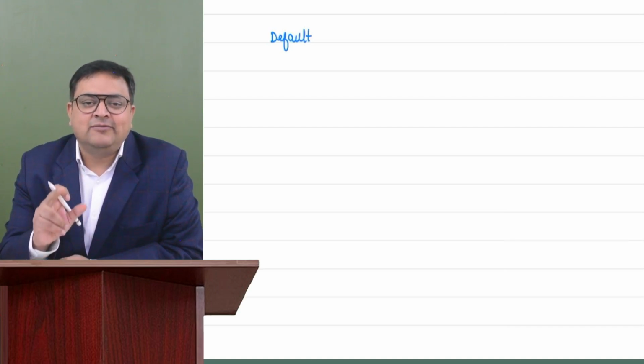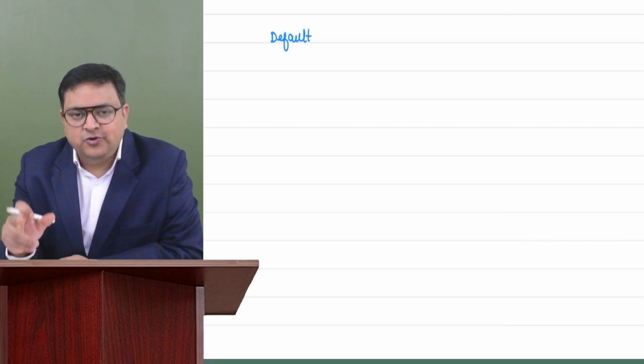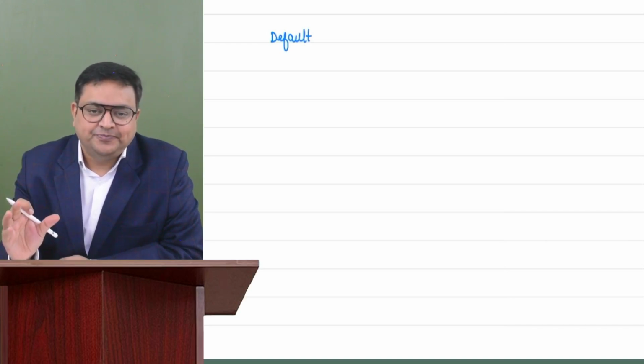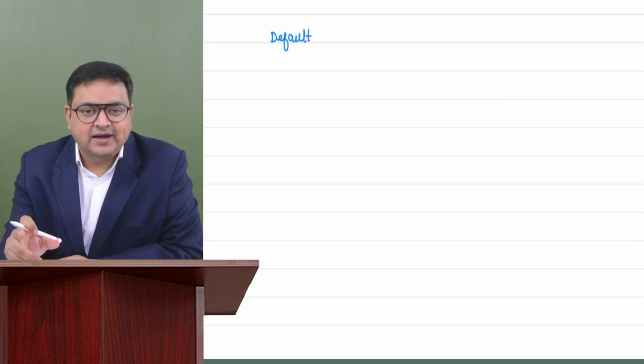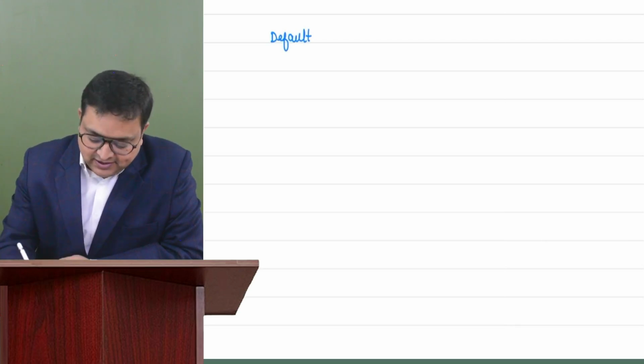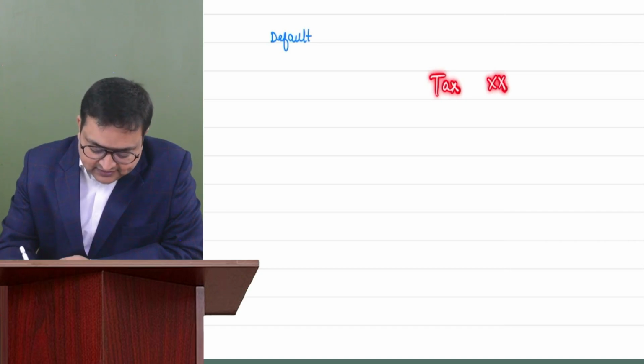If the total income of the assessee, for individual, HUF, AOP, BOI, artificial juridical person, more importantly individual, is more than 50 lakh, surcharge would always be there. Don't forget to apply surcharge. So first of all, compute your tax. Whatever is the tax, apply surcharge.